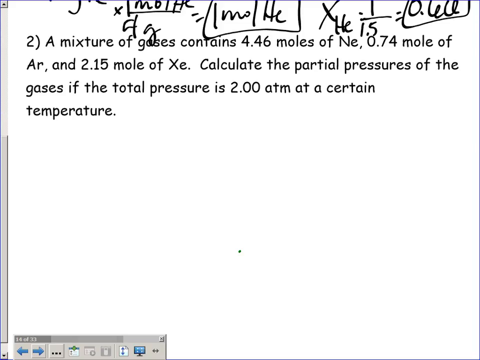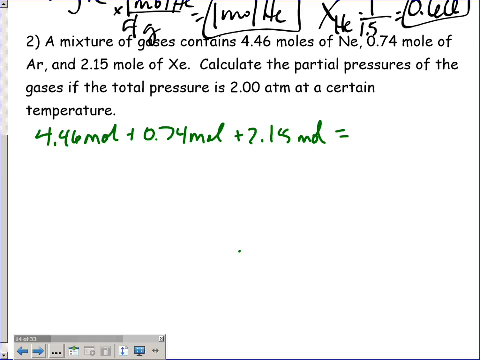Okay, so add up what first? All the moles. So the mixture contains 4.46 moles of neon plus 0.74 moles of argon plus 2.15 moles of xenon. Can you do that in your head? 7.35 moles. And this is mental math that you could do without a calculator. So that's our moles total.